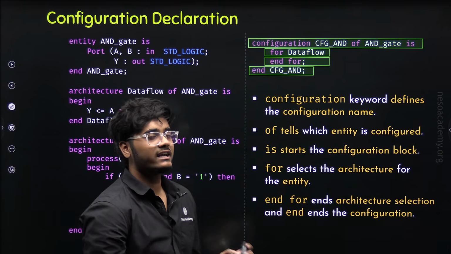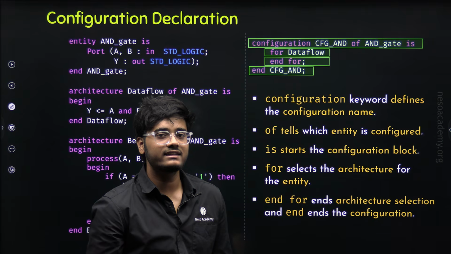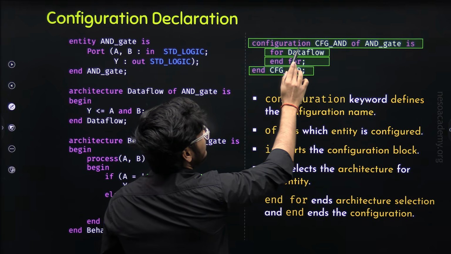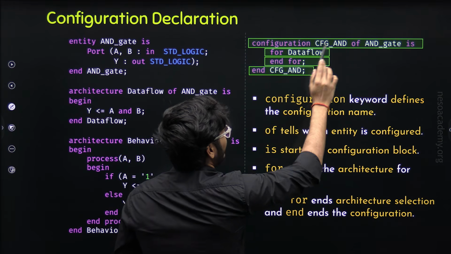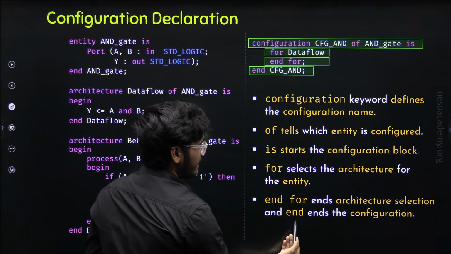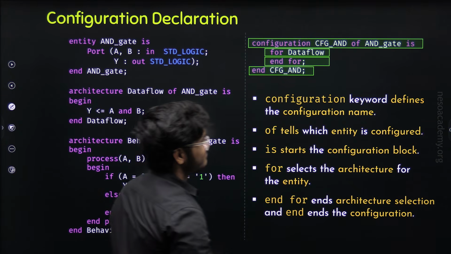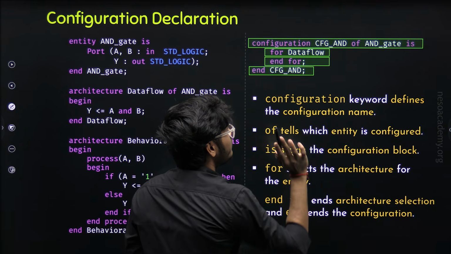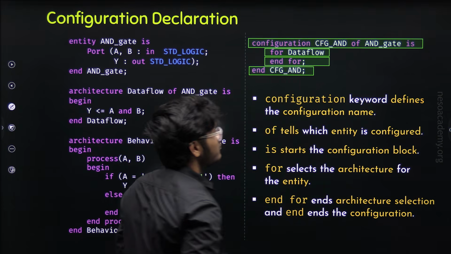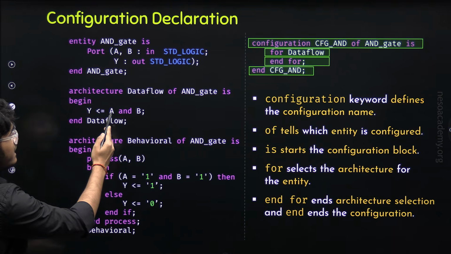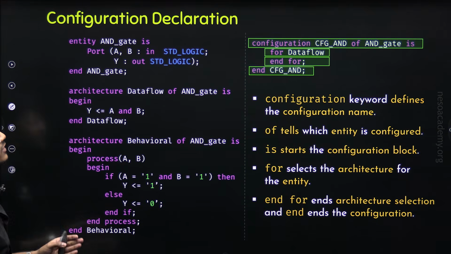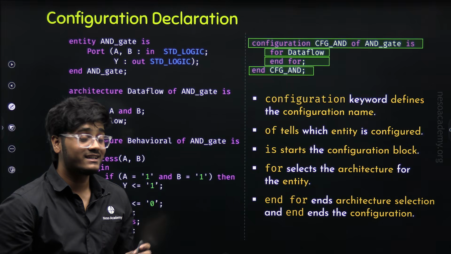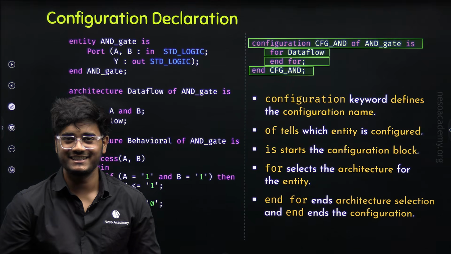And after the architecture selection is completed, we can end this configuration block using the keyword end with the name of the configuration CFG underscore and. So, keyword end ends the configuration. So overall, configuration CFG underscore and will select the architecture data flow out of data flow architecture and behavioral architecture for the entity and underscore gate. So I hope you understand the syntax of configuration clearly.